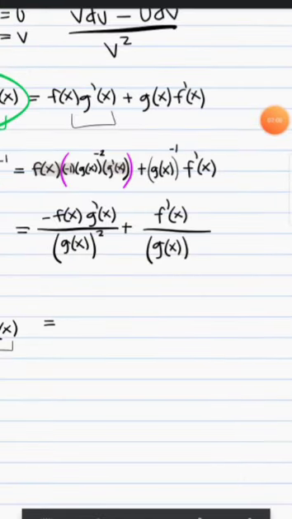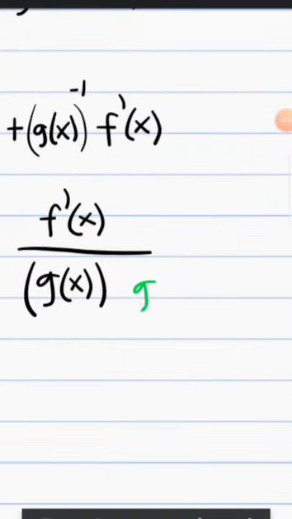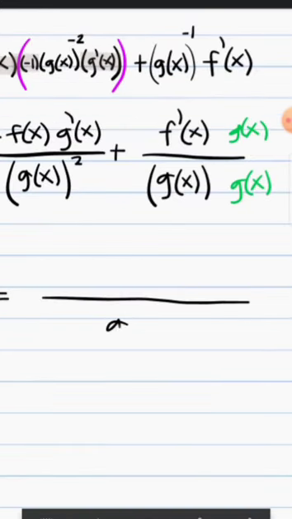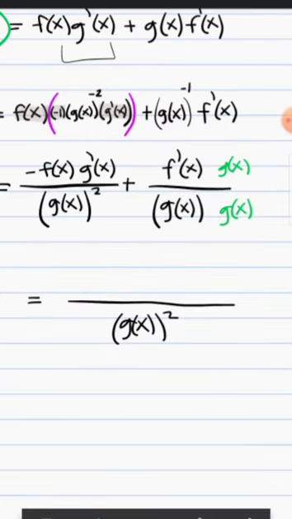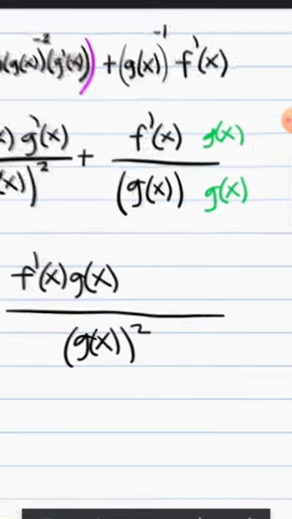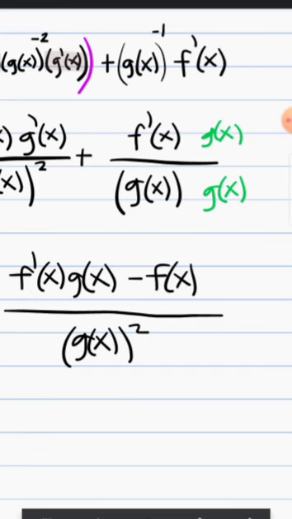So getting its common term, which is g of x, we'll just multiply it by g of x here. Alright? And so below we'll have g of x squared as our common denominator. And then above, we can flip these two, so that we'll have f prime of x, g of x, minus f of x, g prime of x.